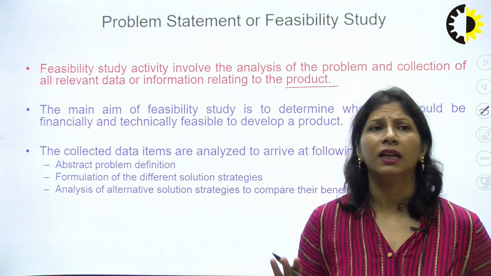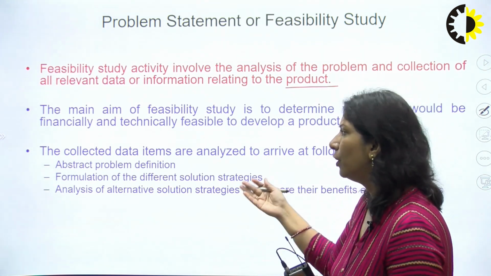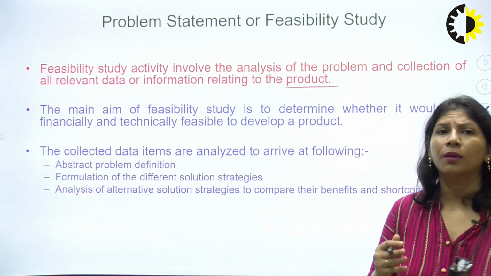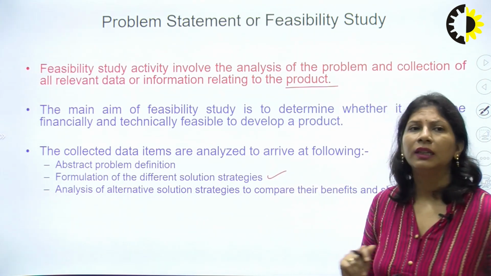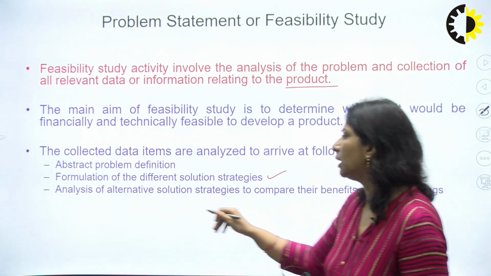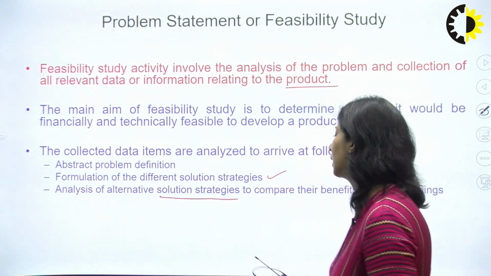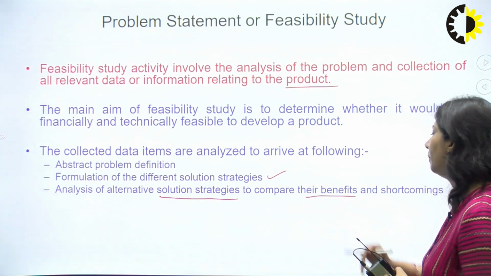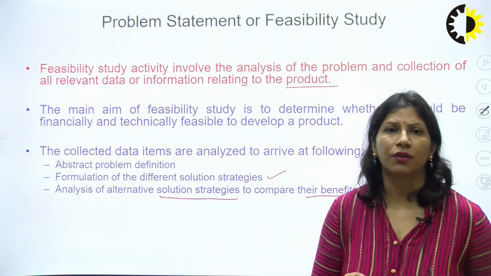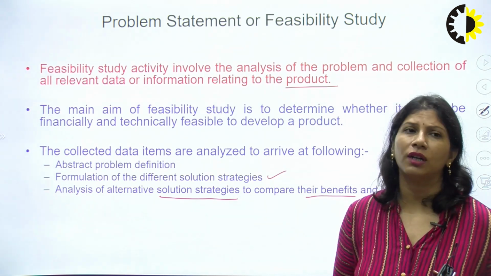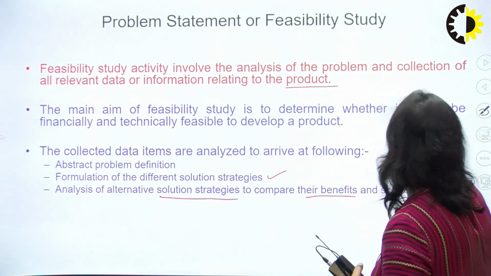This is a simple definition. Now we will formulate some proposed solutions. What all the solutions we can give. Then analysis of these solution strategies to compare their benefits and constraints. What are the benefits and what are their shortcomings.